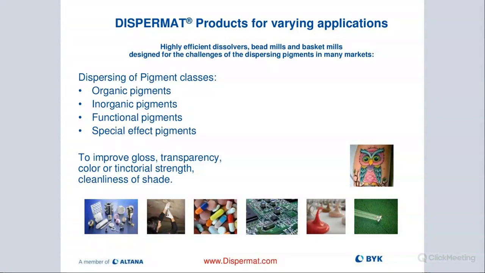So it's a little bit more challenging, but our sister company, Eckart, a leader in special effect pigments, is using a lot of our technology to disperse and in some cases actually mill these types of materials.